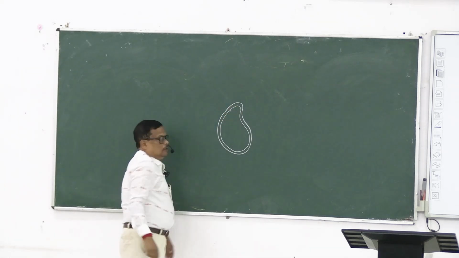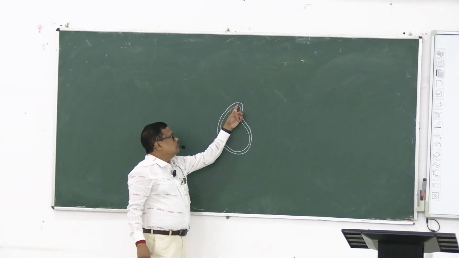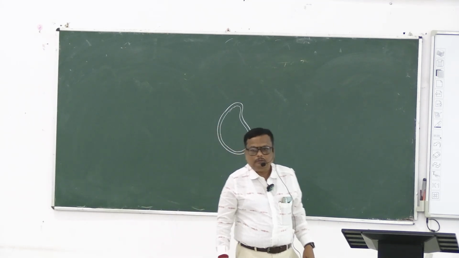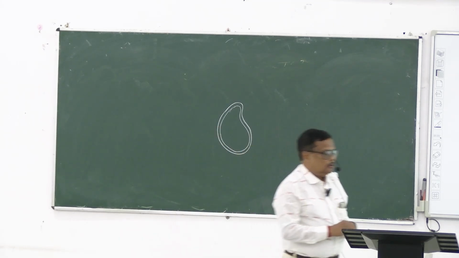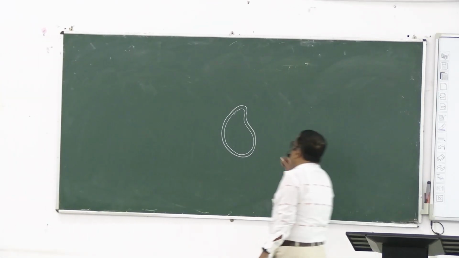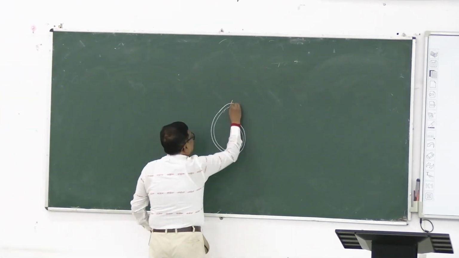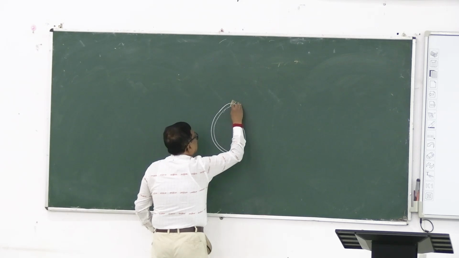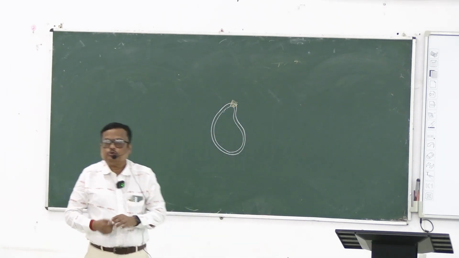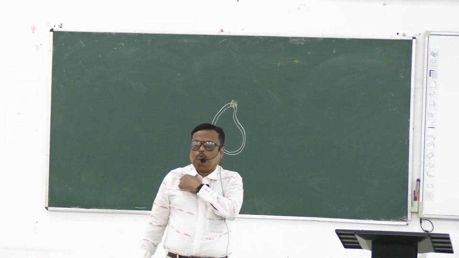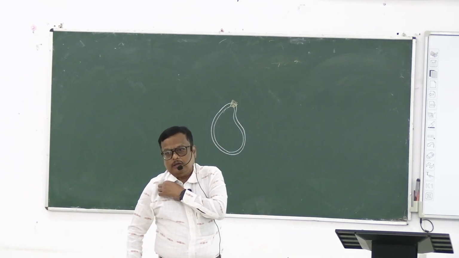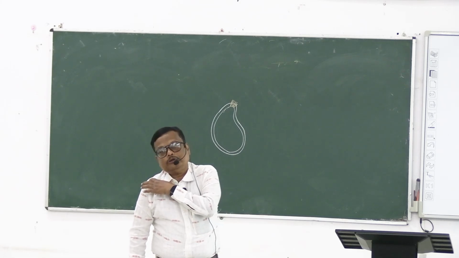From the upper part of the glenoid fossa, there is a tubercle, from which biceps takes origin. Within the capsule, biceps has got two heads: one head arises from the tip of the coracoid process, another from the supraglenoid tubercle.